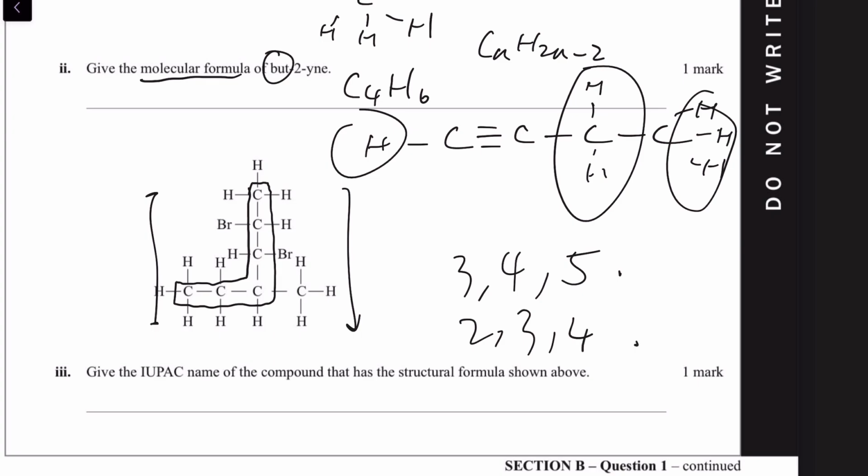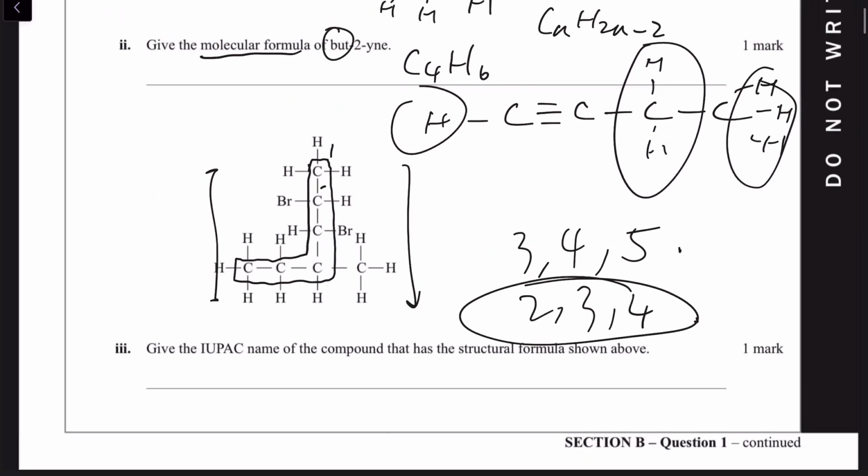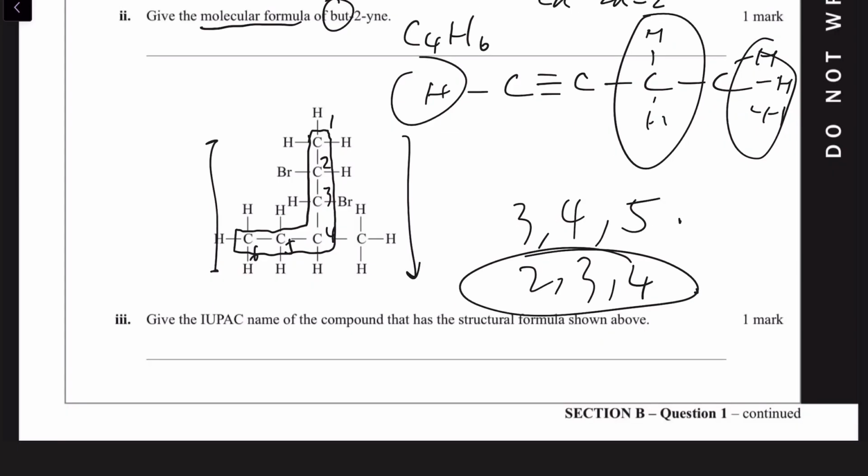So going from top to bottom is the more efficient choice. So this is carbon number 1, 2, 3, 4, 5, 6. We know we have 2 bromine atoms, and they are on positions number 2 and 3.